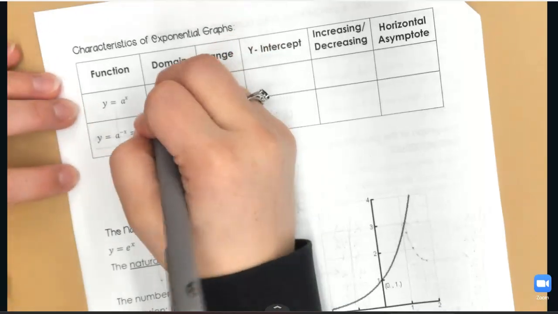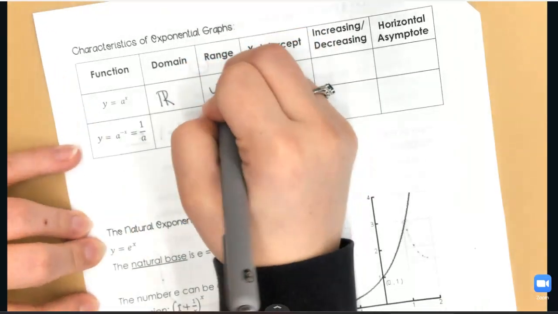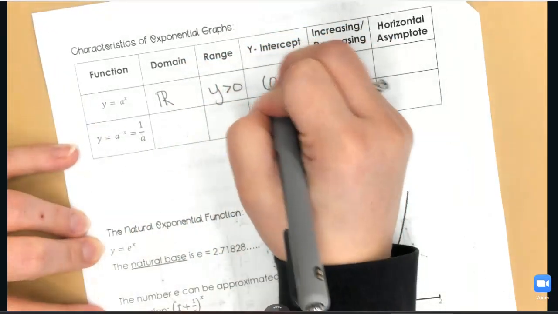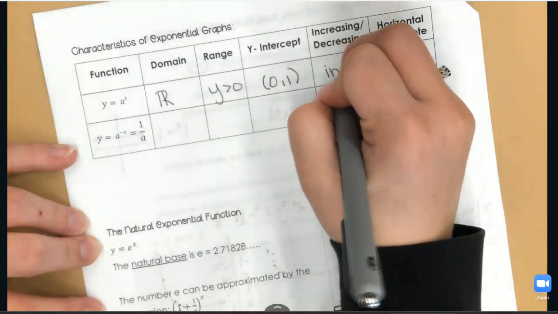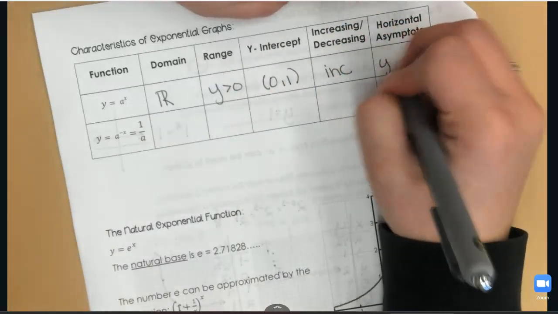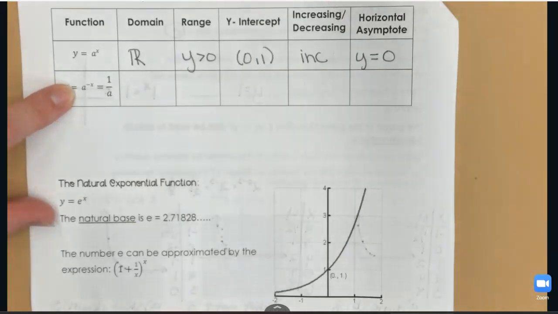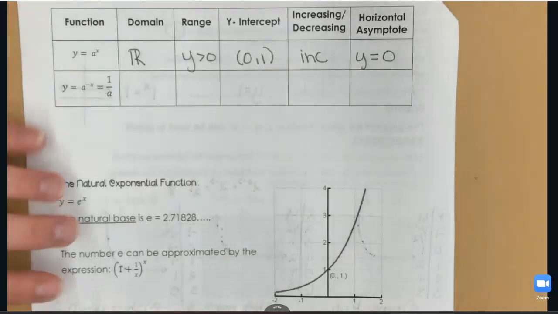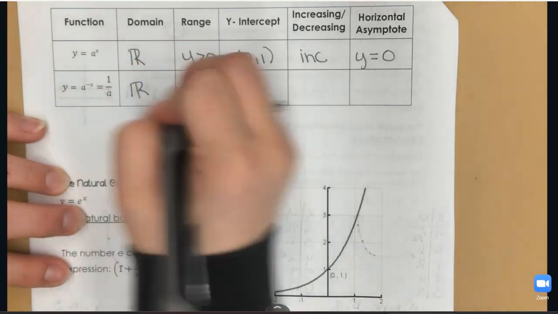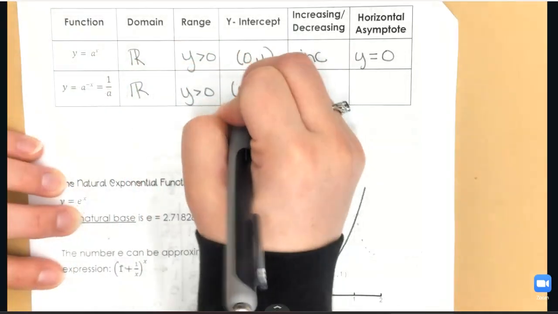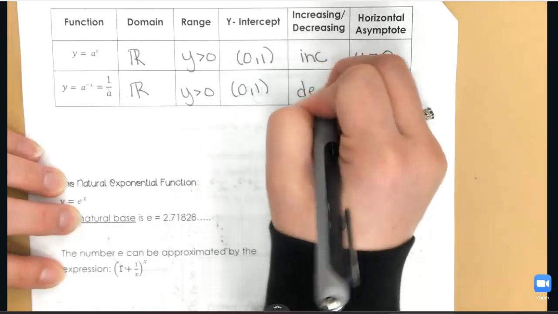So, to summarize what we have here, our parent function had a domain of all real numbers, a range of all positive values, a y-intercept at (0, 1), an increasing graph, and a horizontal asymptote at y equals 0. And then when we had 2 to the negative x power, a decreasing graph of reflection over the y-axis, all that changed was that our graph switched from increasing to decreasing.